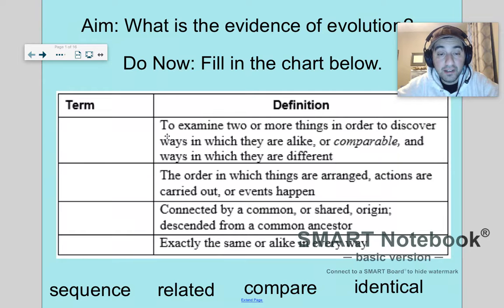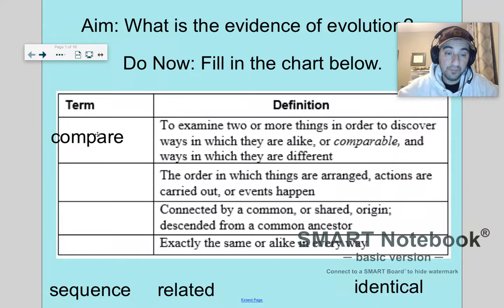First definition: to examine two or more things in order to discover ways in which they are alike or comparable and ways in which they are different. Which one of these terms matches that definition? If you are thinking compare, you are correct.